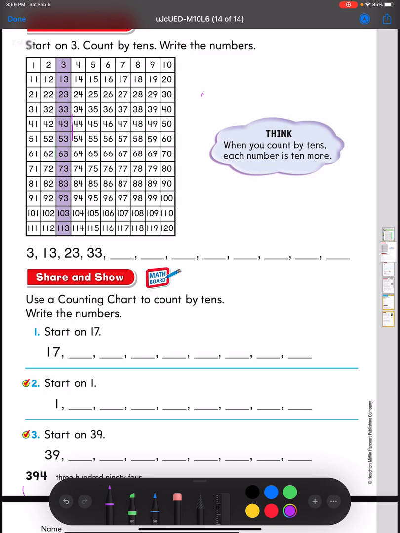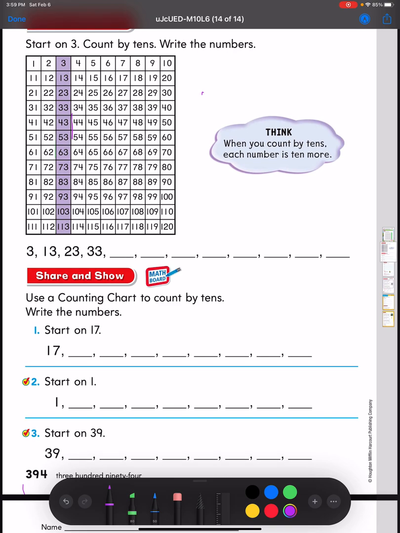All right. So it asks us, what pattern do you see in the colored numbers on the chart? Well, I see that they go down this third column. That's important. I see that there is a 3 in each one of these numbers.